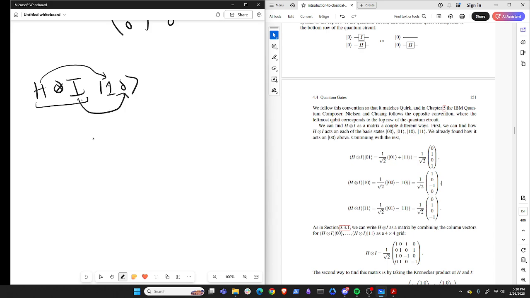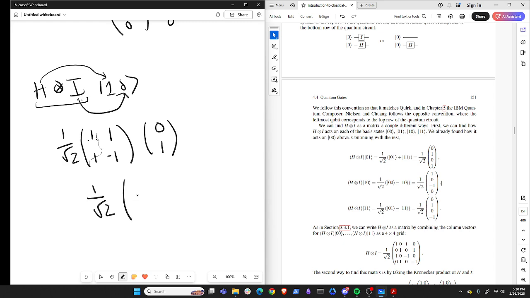as a matrix example. So we know that the Hadamard in matrix format is 1, 1, 1, negative 1, and state 1 is 0, 1. So we wind up with 1 over square root of 2, 0 plus 1, and 0 minus 1.